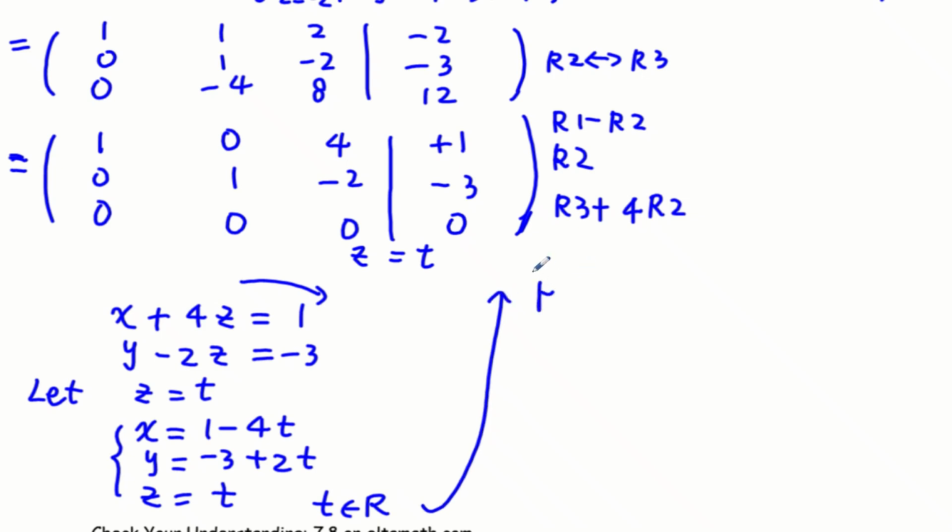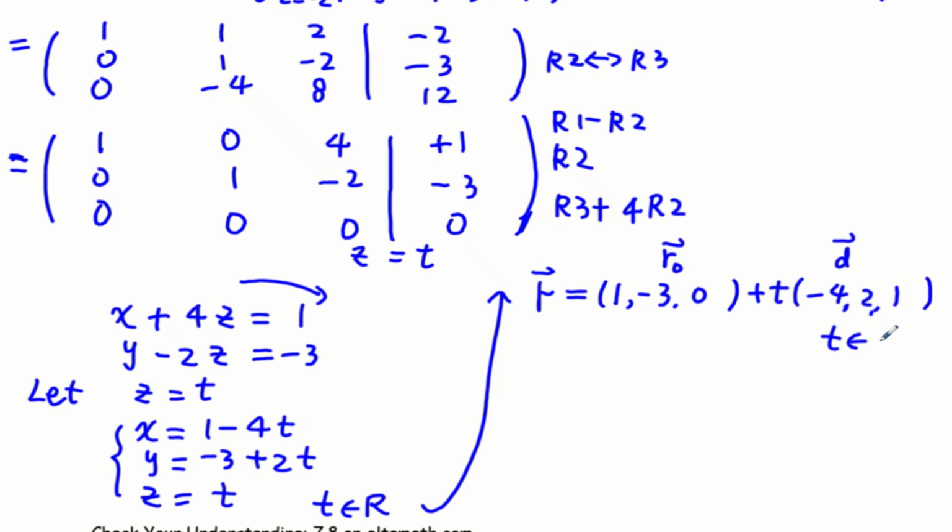Also, we could write it as a vector equation. For the vector equation, we just find all the constants. That is our point on the line: 1, -3, 0, then plus t times the direction vector, the numbers in front of t: -4, 2, and 1. So t belongs to real numbers.